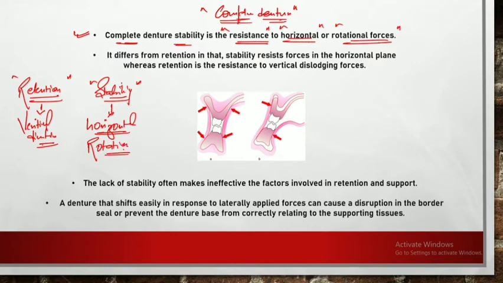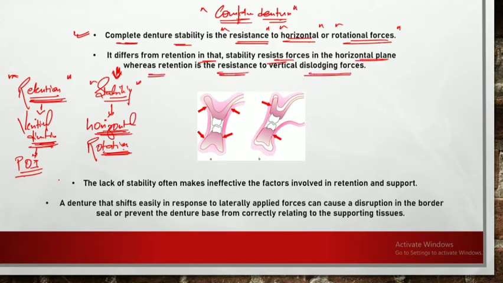Okay, so this is the main difference. The forces acting on stability are of horizontal or rotational type, whereas those acting on retention are of vertical type, towards the direction of the path of insertion. So it differs from retention in that stability resists the forces in the horizontal plane, whereas retention is the resistance to vertical dislodging forces.